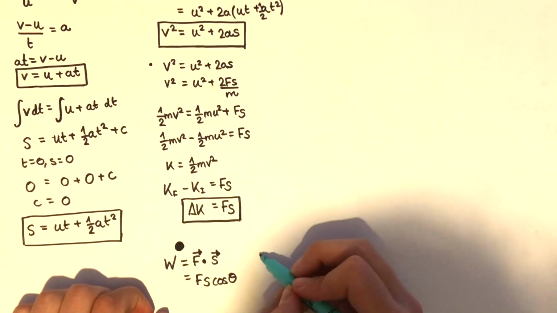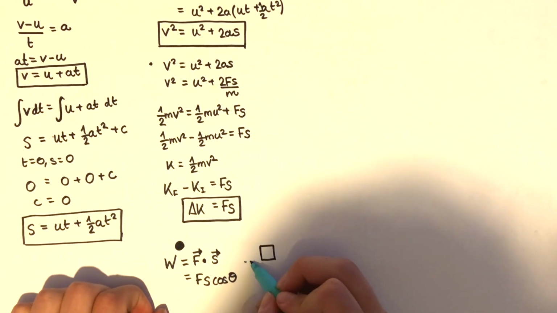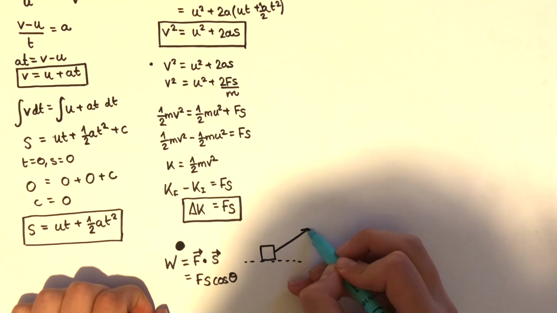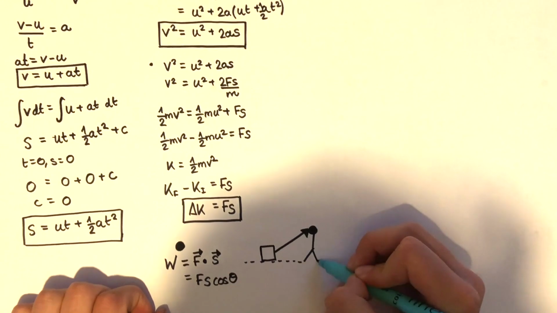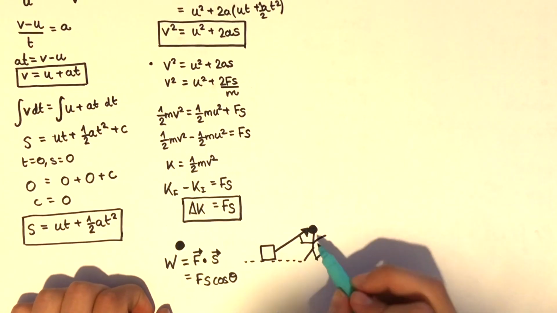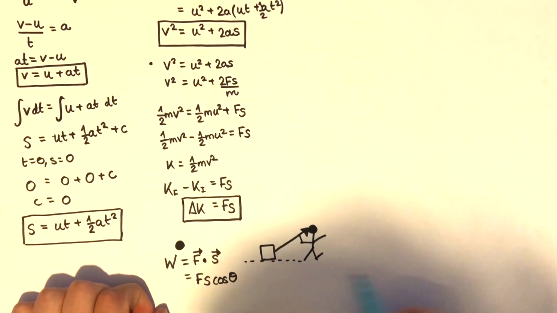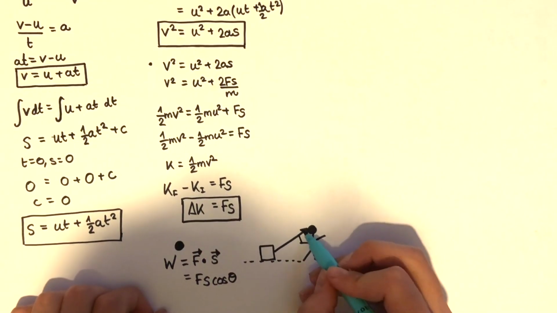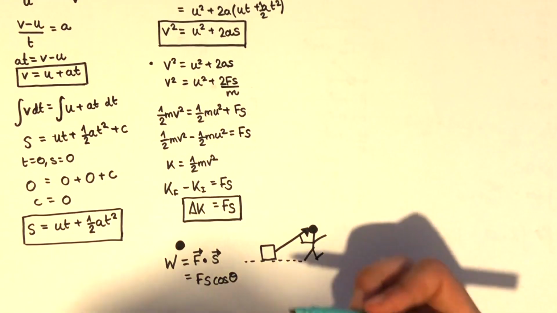A common example of this is, say you're trying to drag this block along the floor right here, and you're applying the force. Here's you, trying to pull this block along the floor, but you're applying the force not in the direction in which the block is going to go, because this block is just going to slide across horizontally. So any vertical component of this force is simply going to get wasted.